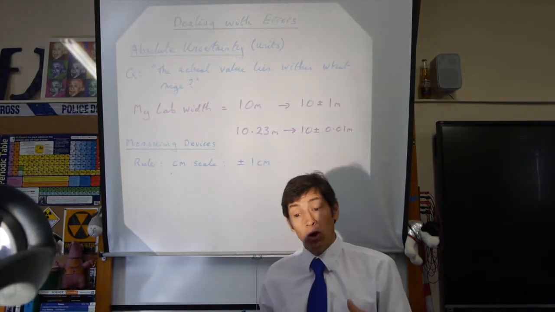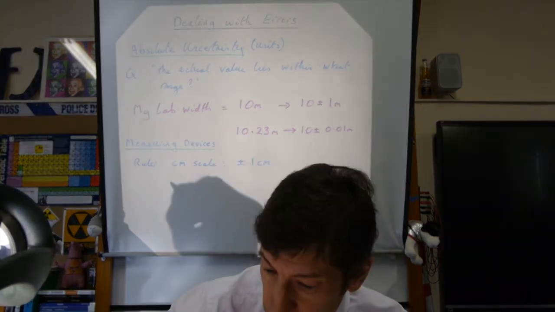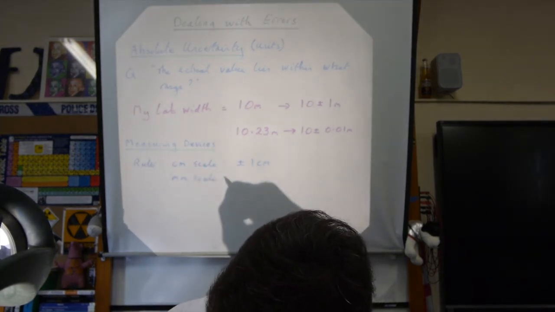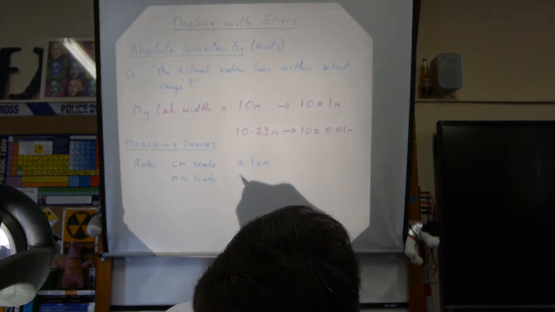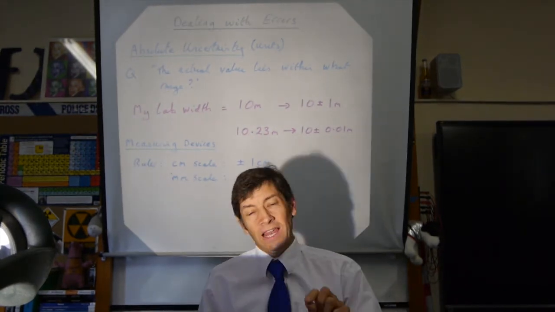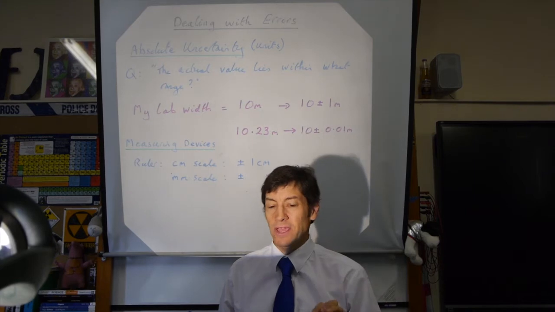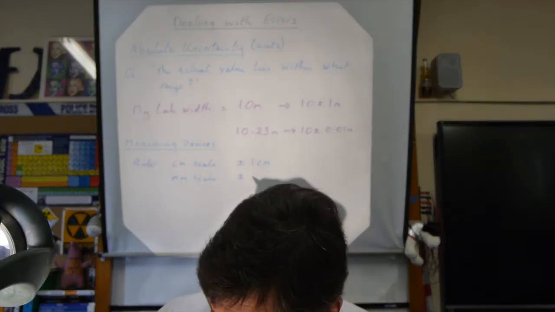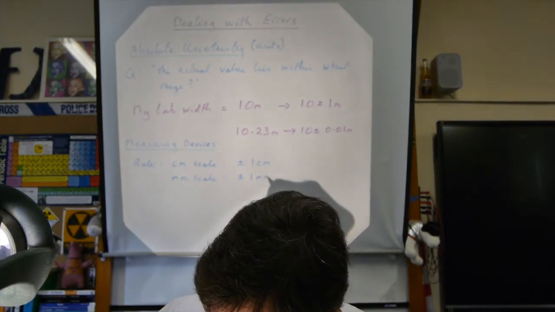But if we've got a ruler with millimetre scales, so it's calibrated in millimetres, then sure, we can see whether it is 11.3 or 11.6 millimetres. So we can measure to plus or minus 1 millimetre.